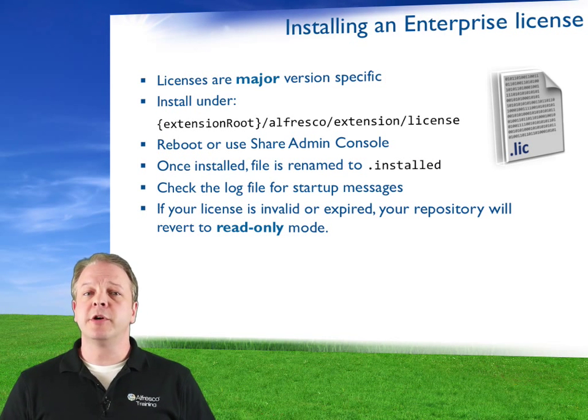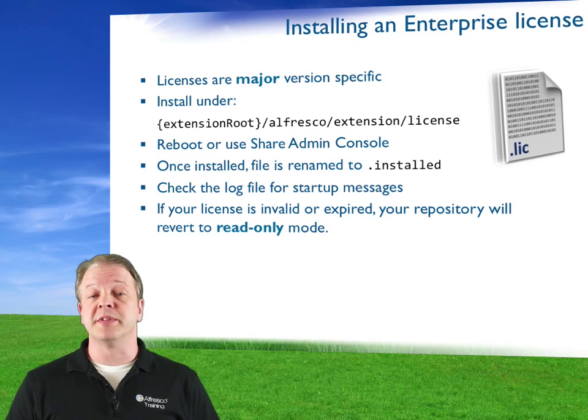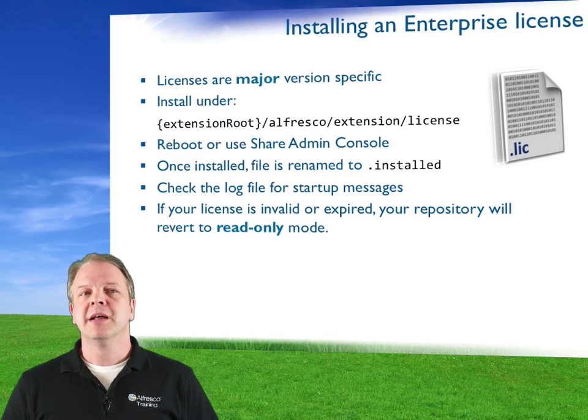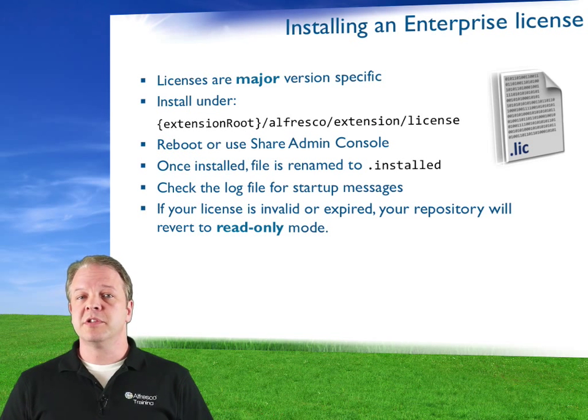By default, when you install Alfresco, you do get a 30-day trial license. However, as an enterprise customer, you will want to download and install your specific license file. Licenses are major version specific, and they will need to be installed underneath your extension root directory under alfresco/extension/license.